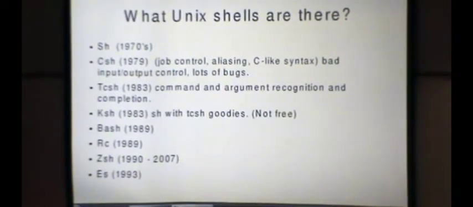By the time TCSH came out, wait a minute. By the time the mid-80s rolled around, the only players available were TCSH, CSH, and SH. The university could not afford to buy KSH. So it was either TCSH, CSH, or SH.